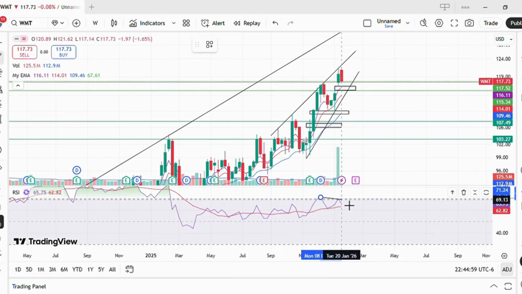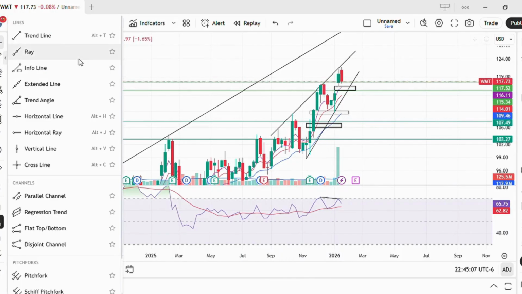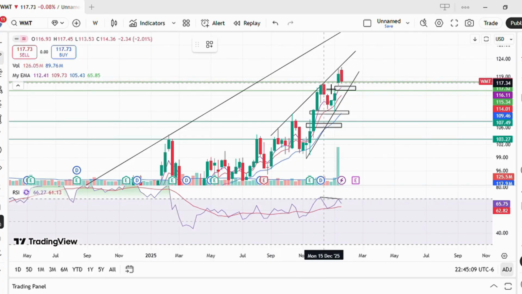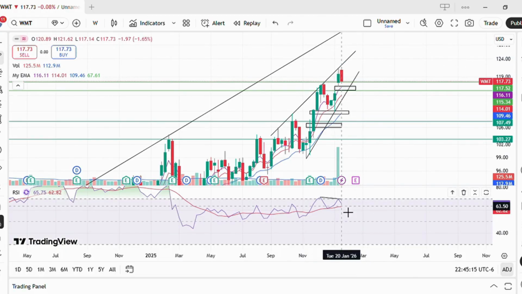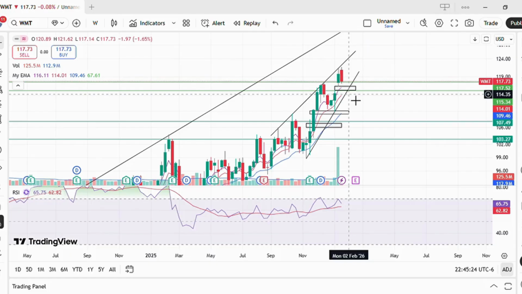RSI is making either a double bottom or a higher low when the price was making a higher high on the weekly time frame. So there may be a chance for this to pull back to form another higher low.